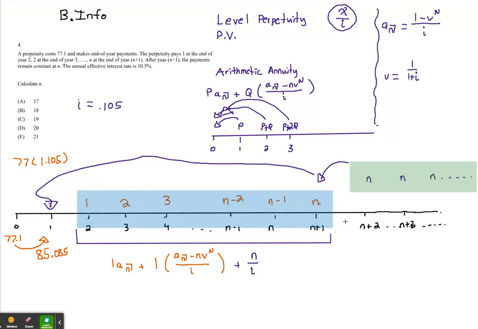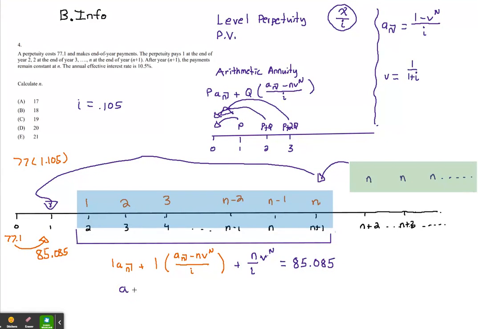Another easy way to think about it is if I were at n, I would discount it n periods to get to 0, but I'm at n plus 1, so I need to discount it n periods. So it's going to be v to the n. And that's going to be equal to not 77.1, but 85.085. Great.